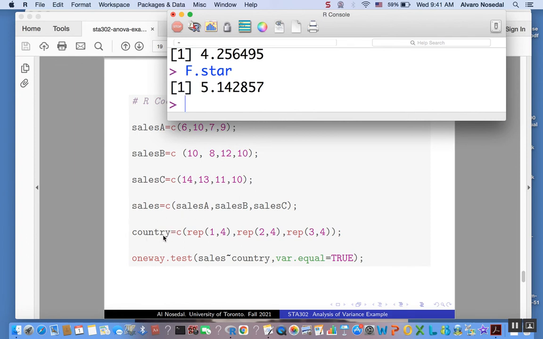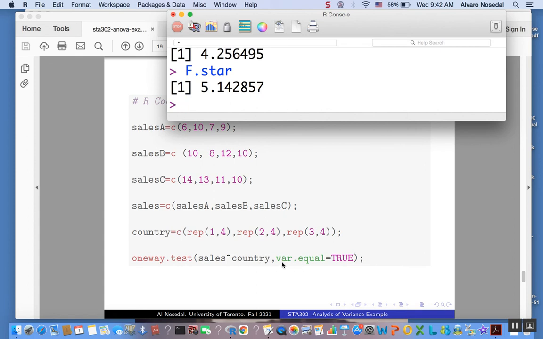Then for country, I'm going to use a 1 to let R know that that's the first country, 2 for the second one, 3 for the third one. The syntax is, first you need your response variable, the one that you want to predict, sales in this case, and then your predictor variable, country.